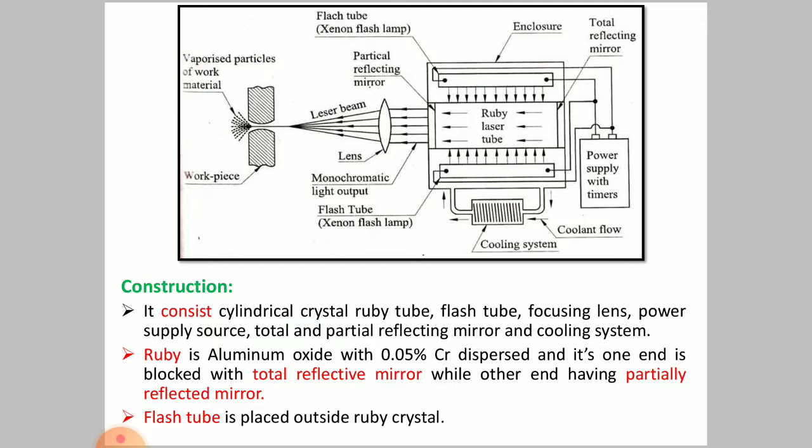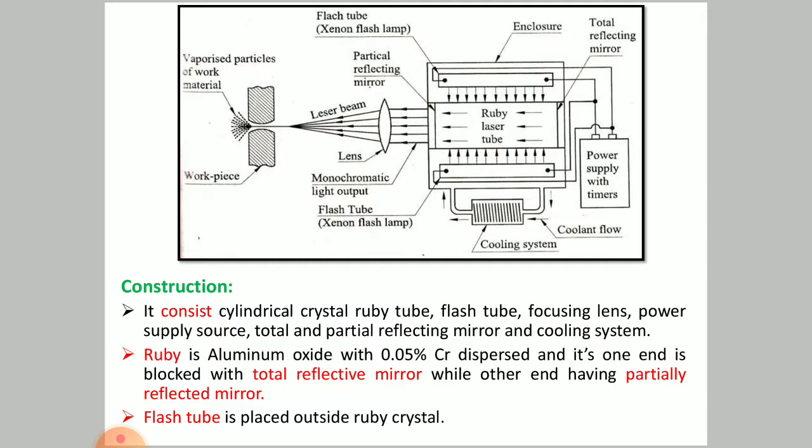As soon as we connect this system to the power supply, in the presence of the monochromatic source of light, the chromium ions will get excited. That will result in the oscillation of chromium ions in the ruby crystal. That oscillation will go on with the continuous supply of power.